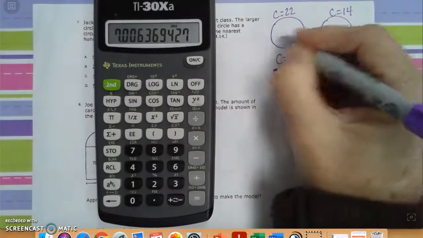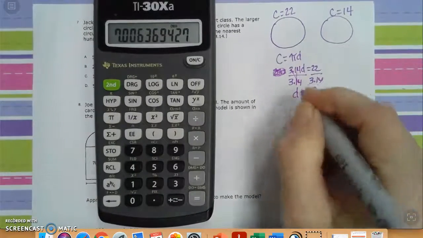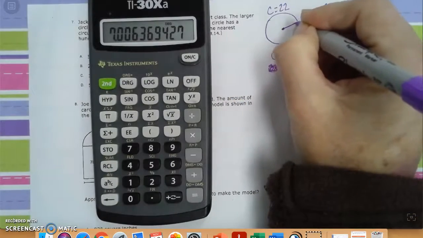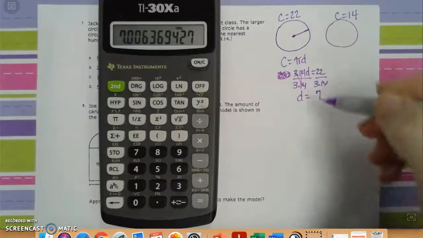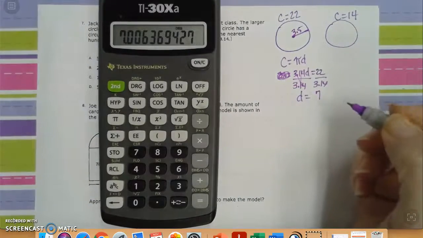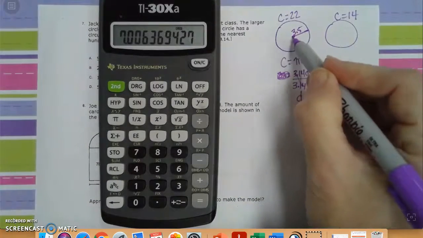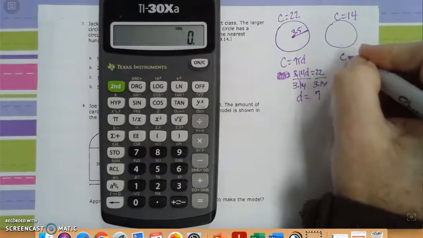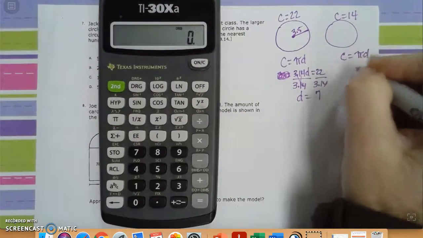So if my diameter is 7, then I need to find my radius. My radius is from the center to the outside, which means I would have to divide that by 2. So it's going to be 3.5, because if I put 3.5 and 3.5 together, that'll make my 7.